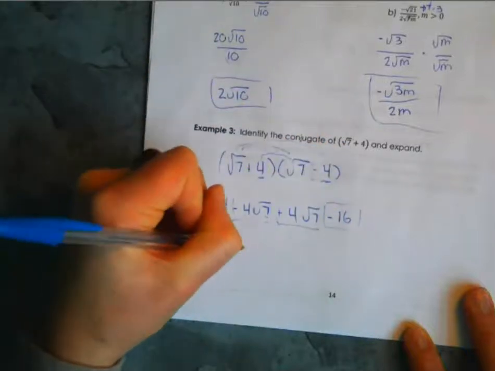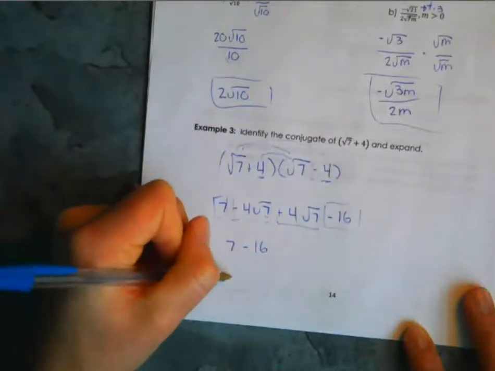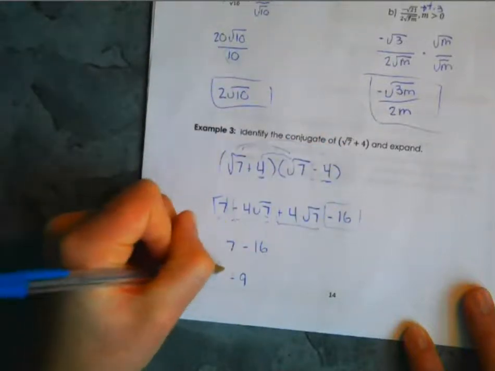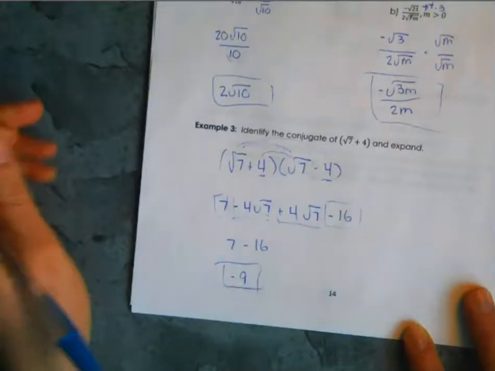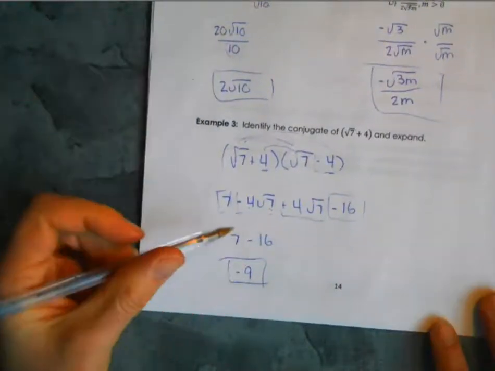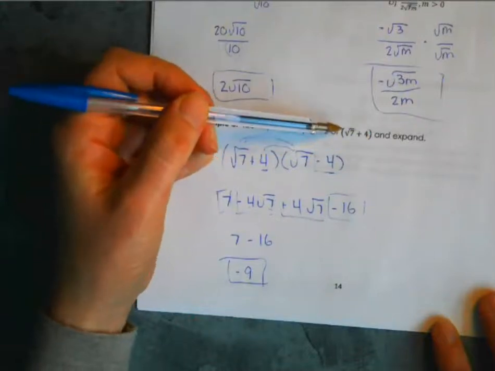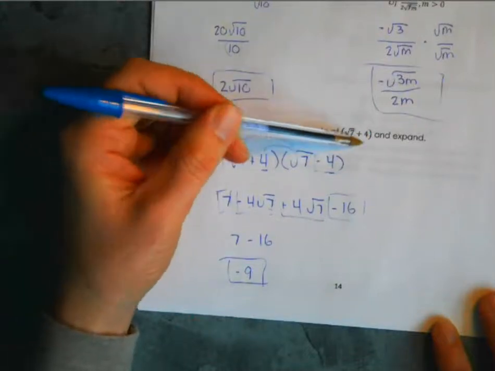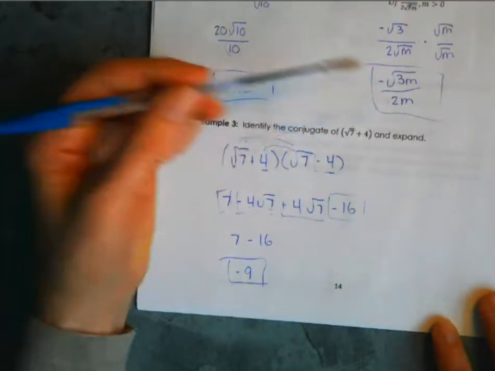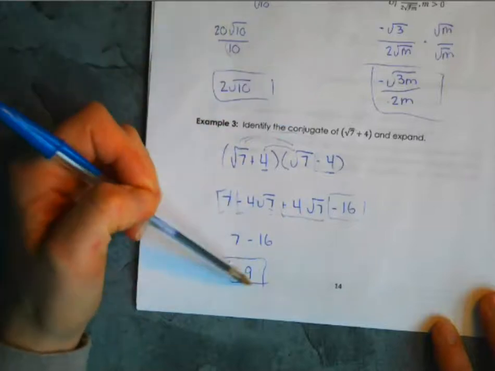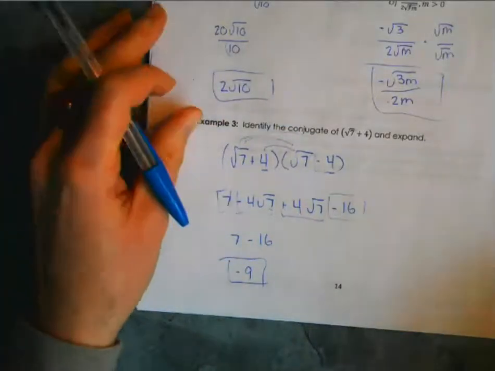So positive 7 minus 16 gives us negative 9 as our final answer. Okay, and so that's why we're using a conjugate when we have a binomial like this as our denominator, because it brings it down to a whole number, which is what we're always trying to do when we rationalize.